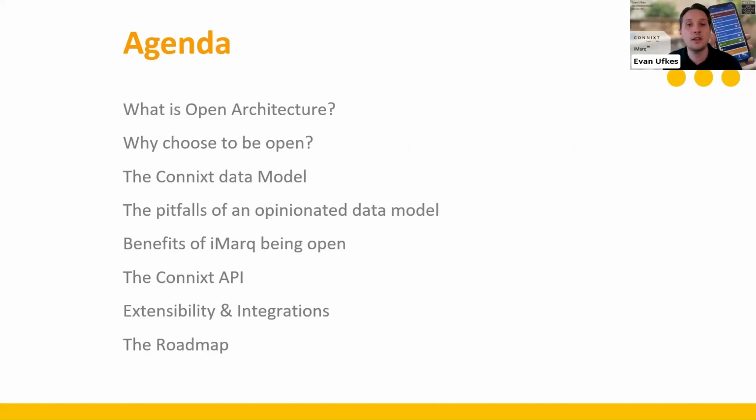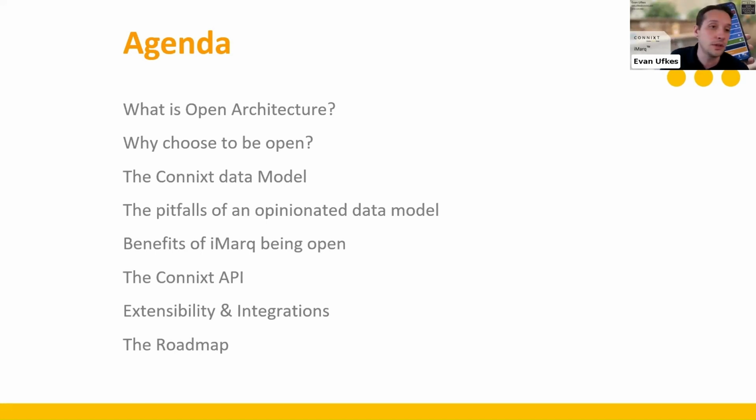Just to quickly summarize our agenda for today's webinar, we will begin with the background of open architecture and what it means for us and our customers. From there, we will explore why we choose to be open. Next, we will dive into the Connixt data model.